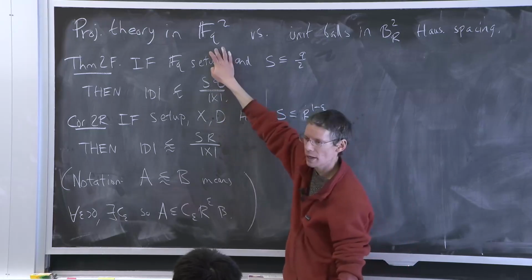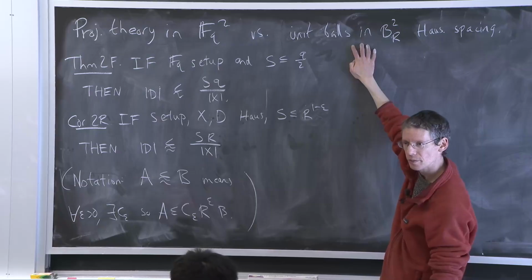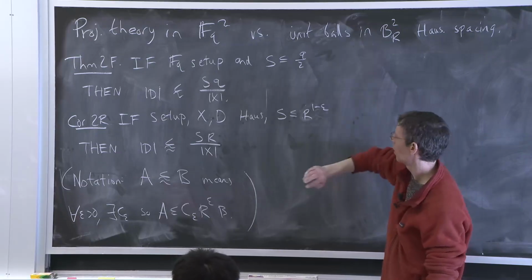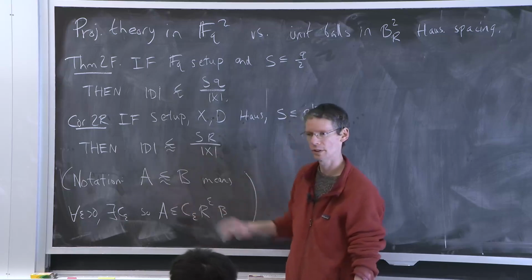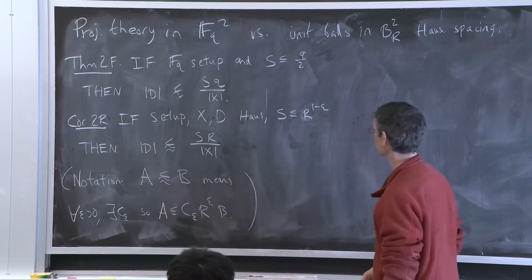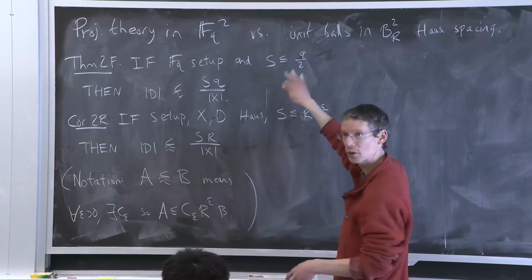There are Q squared points here, and there are R squared unit balls here. And these basically match up, except that there's a minor loss here. And this is the Fourier method that we'll turn to in a little bit.